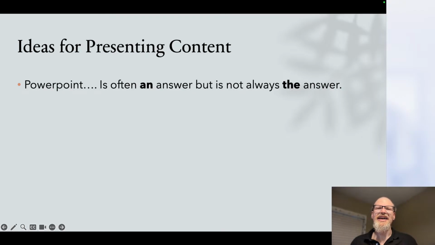That was a novel way of getting past a limitation of technology. If she hadn't been able to think on her feet like that, her presentation might have suffered. In this case, her presentation was probably very humorous because people were not expecting that. So PowerPoint is an answer many times. It's not the only answer.